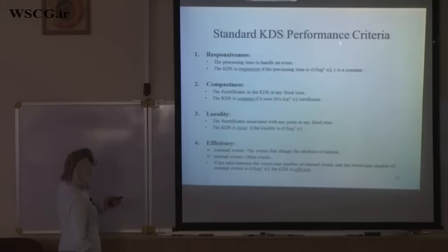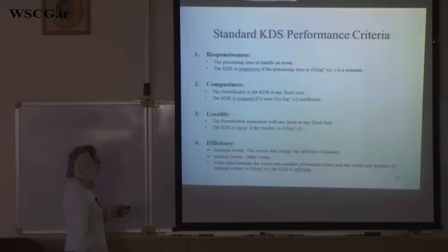So what are some other performance criteria? Again, these start from the very beginning of work in kinetic data structures. And every paper has got to start off with a little reminder to everyone of what the performance criteria are. Responsiveness is how much time it takes you to handle an event, either an internal or external event. And what people aim for is polylog time.